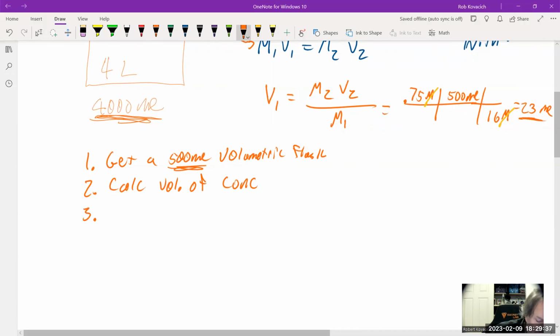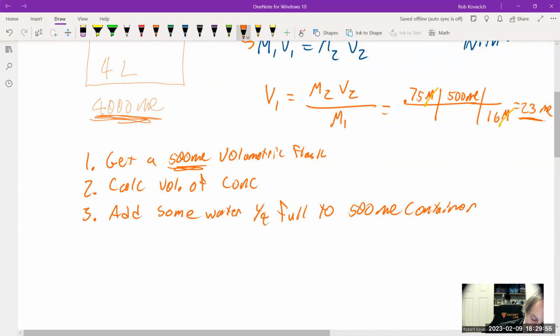So then this is an acid. So what I'm going to do is add some water, say 1/4 full, to the 500 milliliter container. Because we always have to add acid to water.